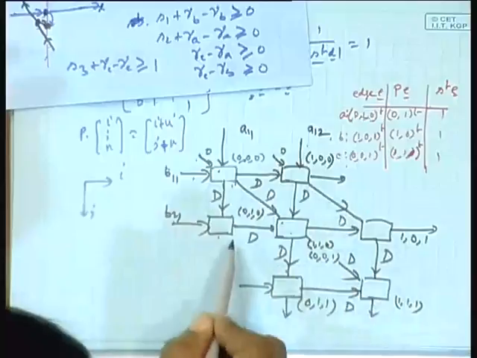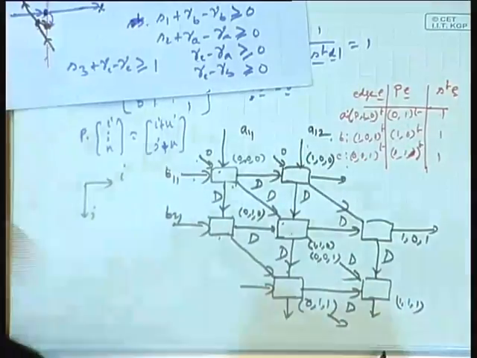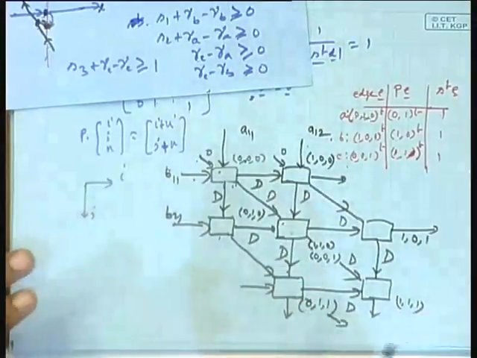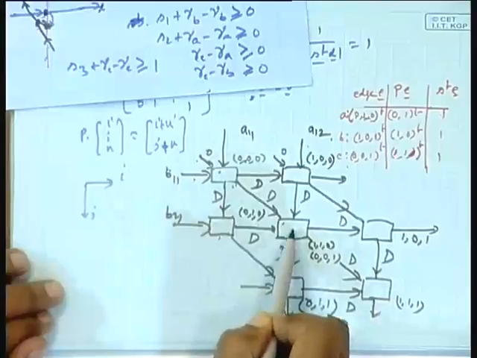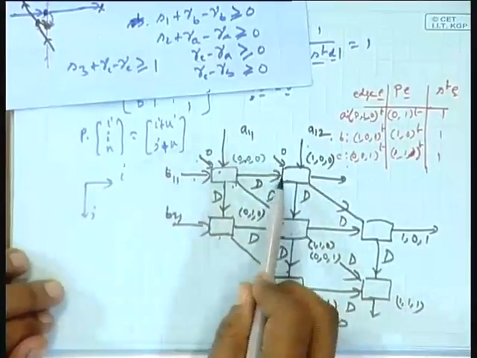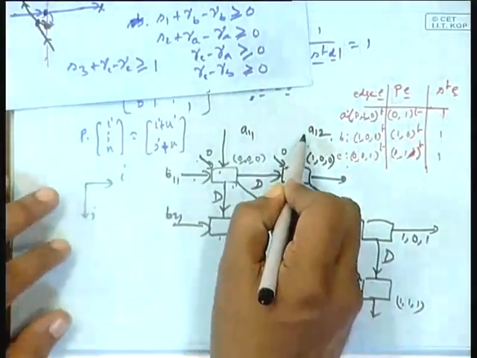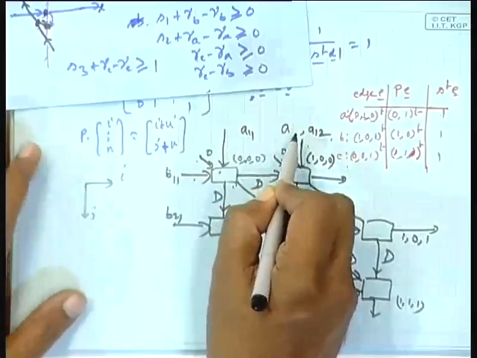Sorry, you draw these also. So remember the cycles. Cycle 1, this result comes out. Cycle 1, what happens here? B11 has come here, and that time I give next guy.